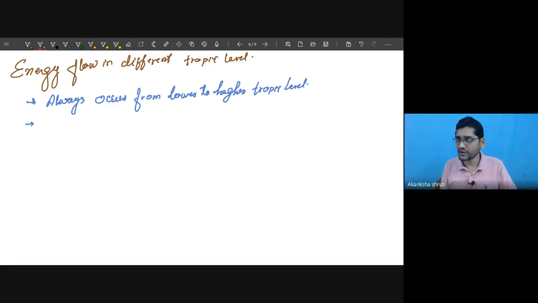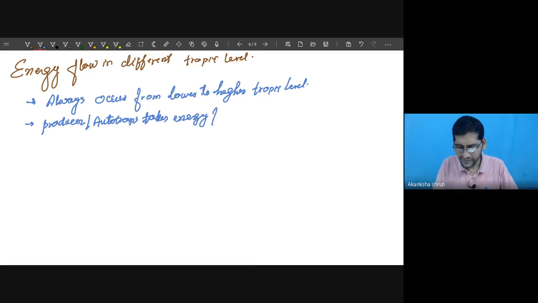So producers or autotrophs take energy from the sun. In this way, we are able to understand the higher trophic levels are getting energy from the sun in an indirect way, by first converting it through their lower trophic level.